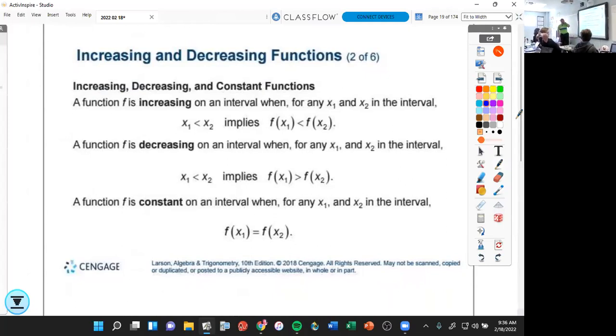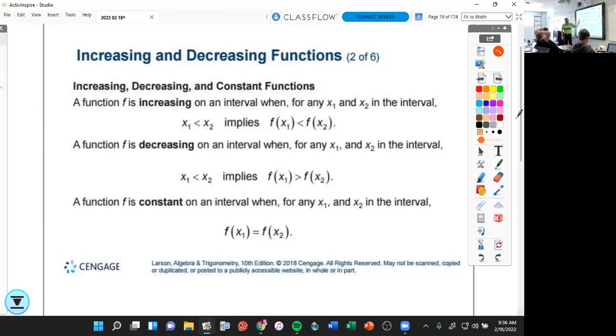Love you guys. Okay, a function is increasing on an interval if for any x sub 1 and x sub 2, x sub 1 is less than x sub 2. To me, this kind of starts getting confusing. Okay, what it is saying is if it's increasing, if this is x1 and this is x2, it's probably going up from those 2 points, right?